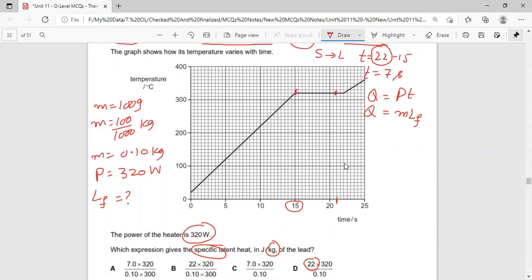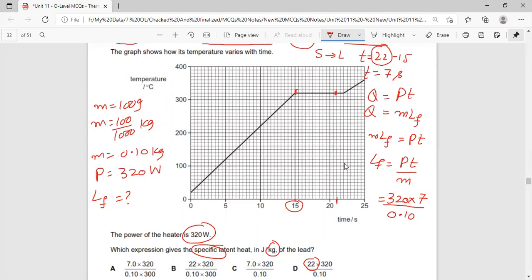So from here we get MLF is equal to PT, and then LF is equal to PT over M. Putting the values: the value of P was 320, the value of T was 7, and the value of M was 0.10.